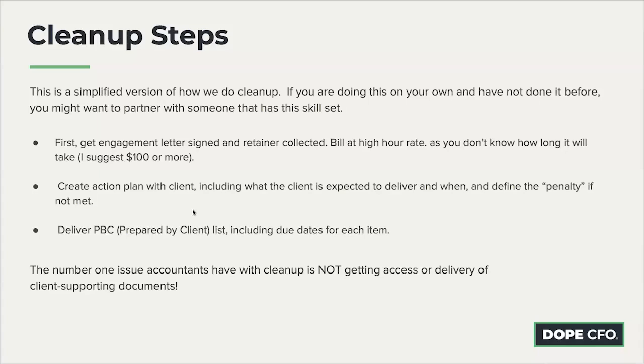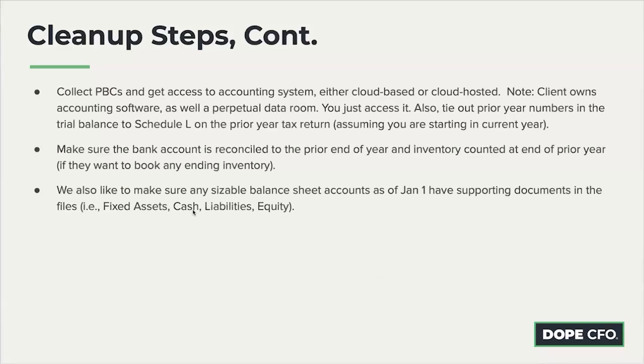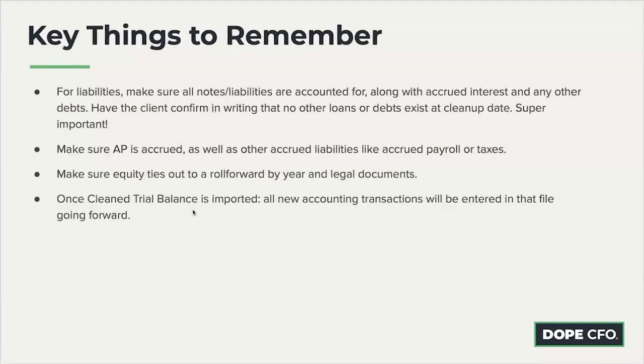We're going to do an action plan, give them the PBC list, and get those PBCs. Again, we talked about perpetual inventory, bank account reconciled, and then just walking down those key accounts. We talked about all this as well, liabilities and AP recorded. Once we get it totally cleaned up, we know our final journal entry.